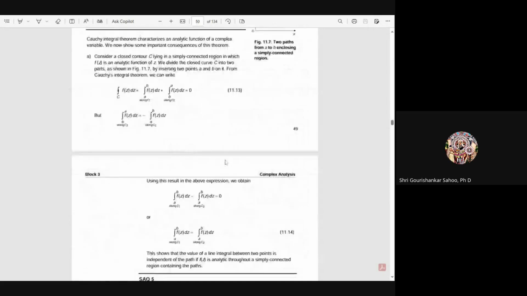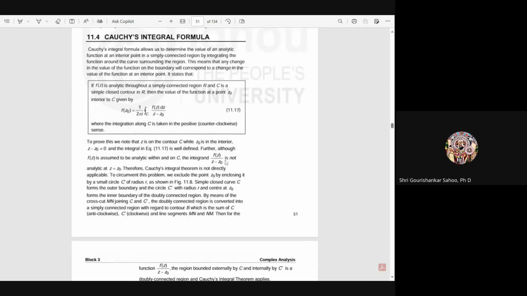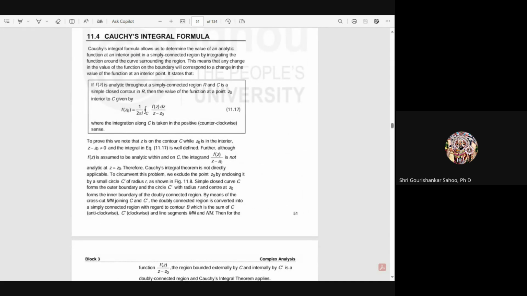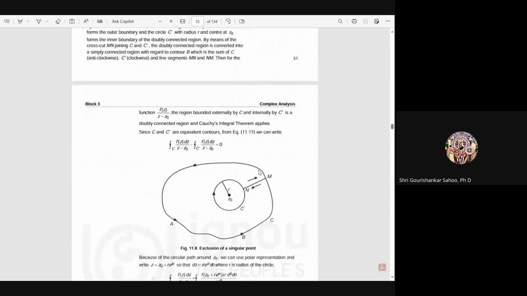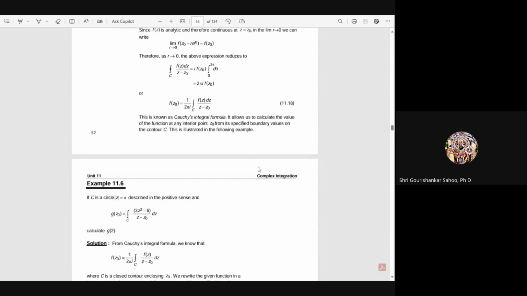From that you can have these two. And your Cauchy integral formula: f(z0) = 1/(2πi) times the integration over the closed contour of f(z) dz/(z − z0). If you want the proof, I can give it.